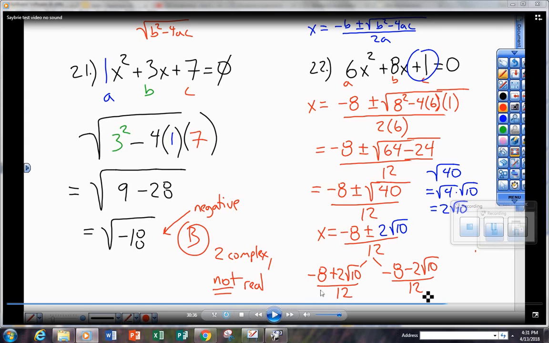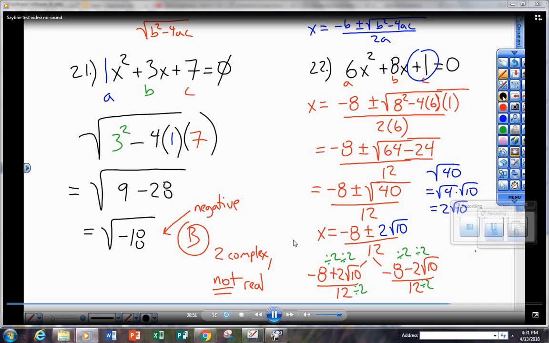You're going to divide all three of these numbers by 2. Don't touch the number under the radical, but these three whole numbers all get divided by 2. They all share a 2, so I'm going to reduce them all the way down. Divide the 2 by 2, the negative 8 by 2, and the 12 by 2. Same thing for the other answer.